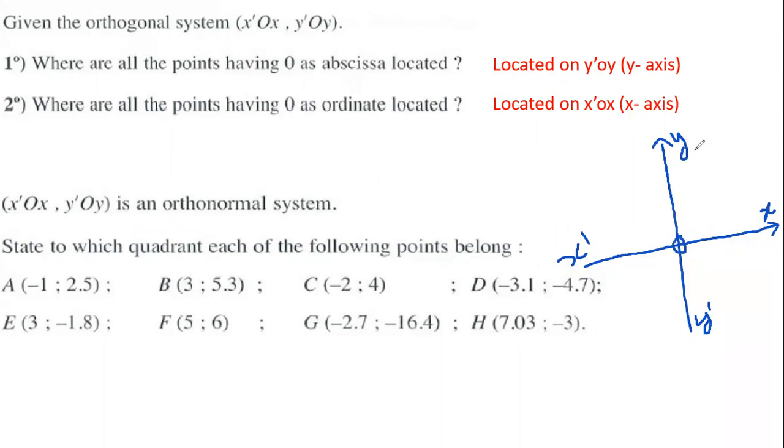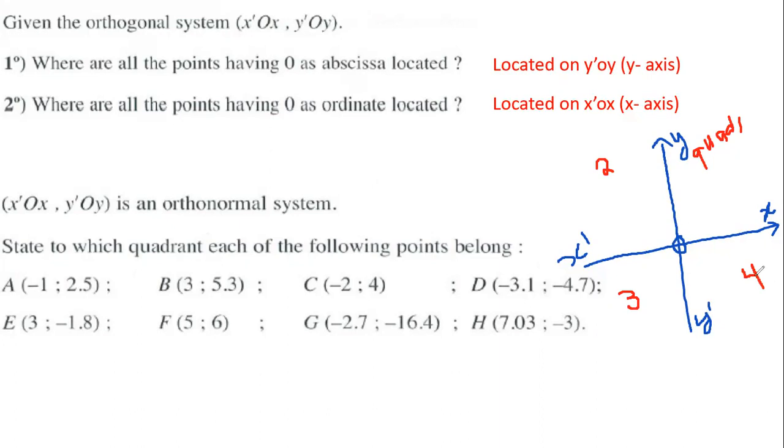It will make your work easier. So please write here that this is quadrant 1, quad 1. Here is quadrant 2. Down here we have quadrant 3, and to the right we have quadrant 4.